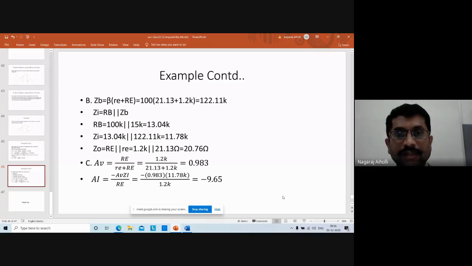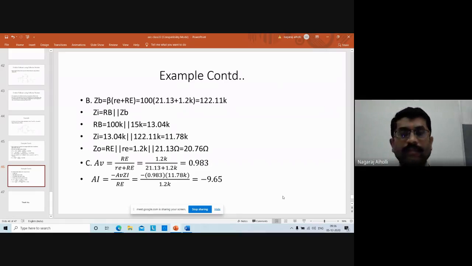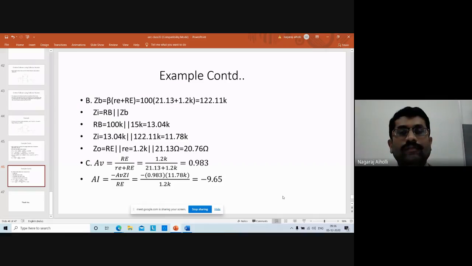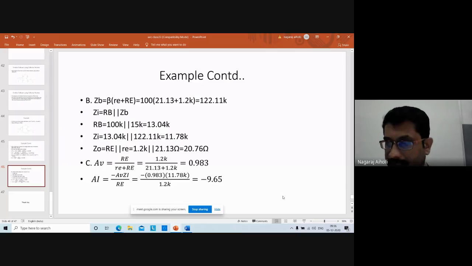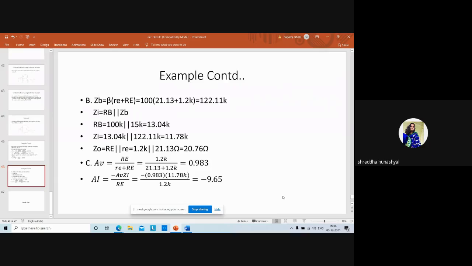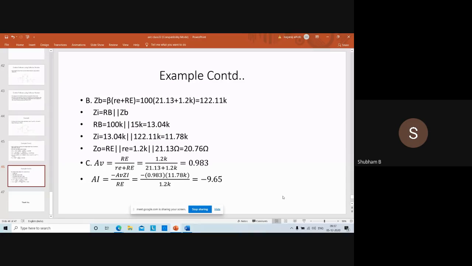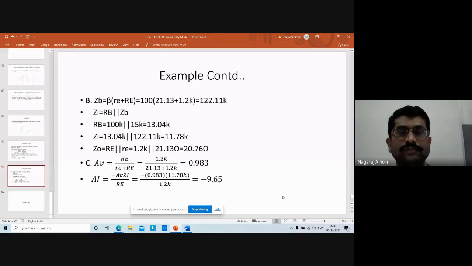Shiraj? Yes, sir. Was it understood, Shiraj? Yes, sir. Shraddha? Yes, sir. Is it clear, Shraddha? Today's examples that we discussed, assignment questions, any doubts in them? All clear. Okay, sir. Shubham? Yes, sir, understood. Suraya Banu?